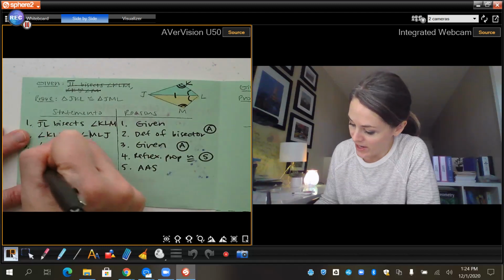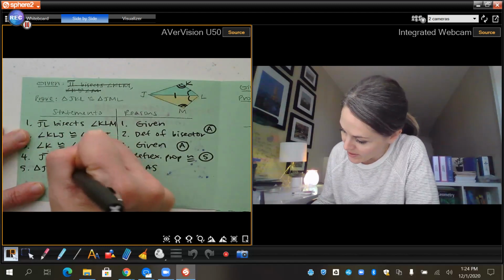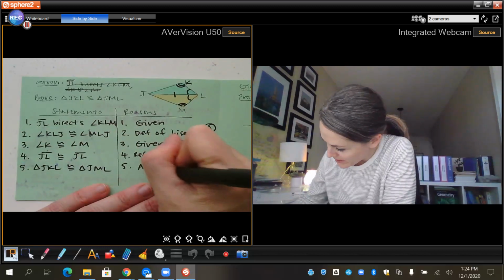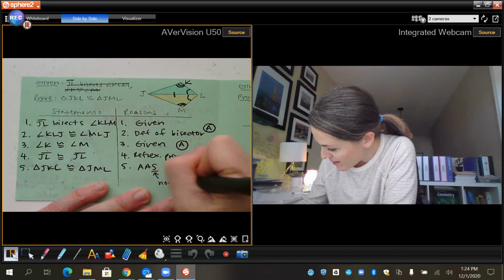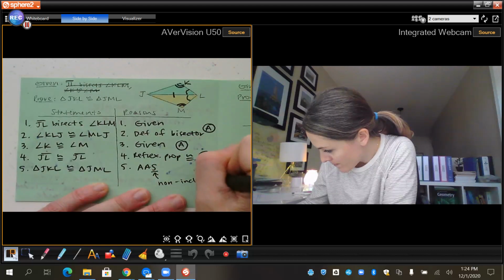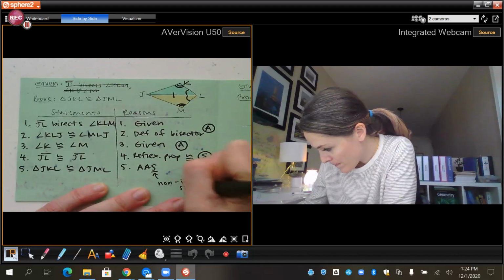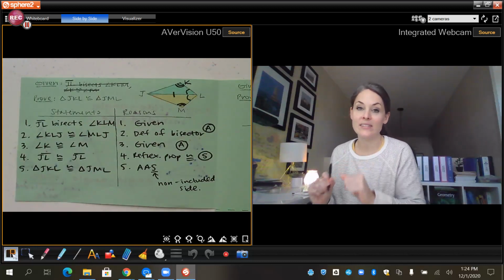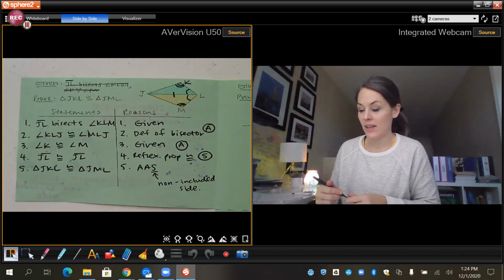Okay, so I could say triangle JKL is congruent to triangle JML. And the reason why is because that side is non-included. Okay, non-included side. That's why it was AAS versus ASA.